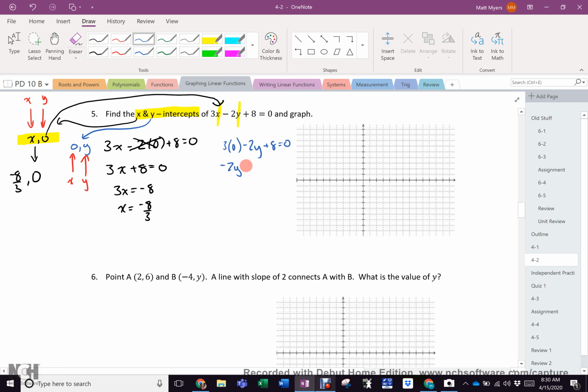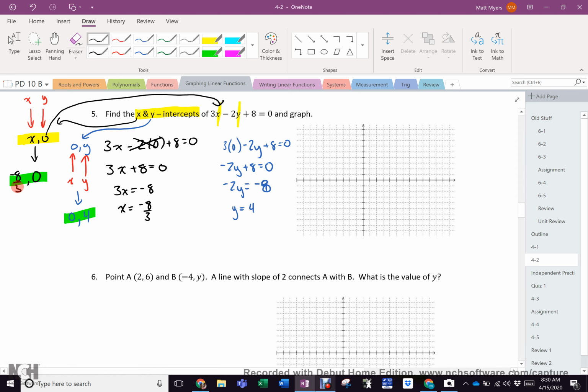Negative 2y plus 8 equals 0. Negative 2y equals negative 8, because I bring that over. Y equals positive 4. There's a y, so that becomes 0, 4. Now I have 2 points I can put on the graph.